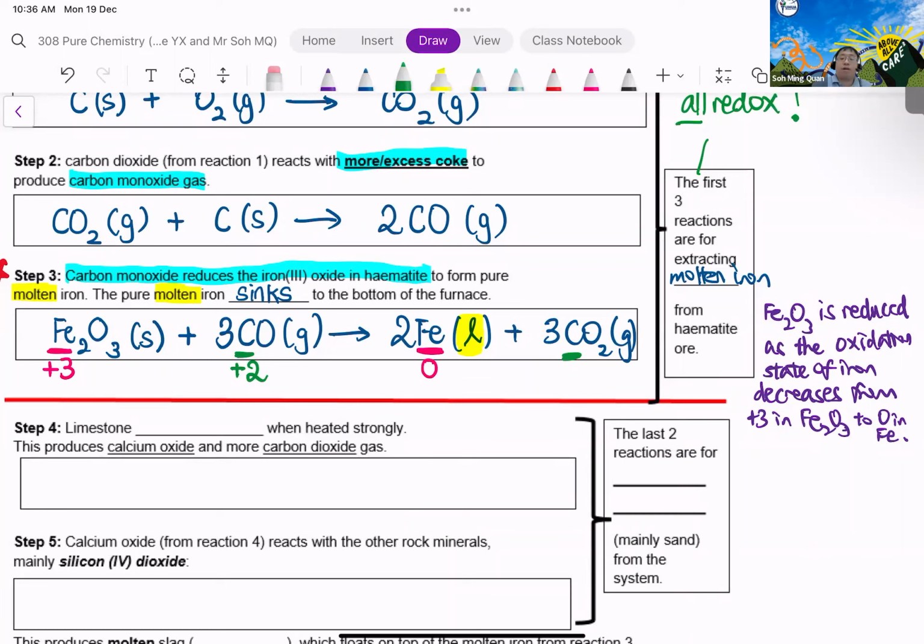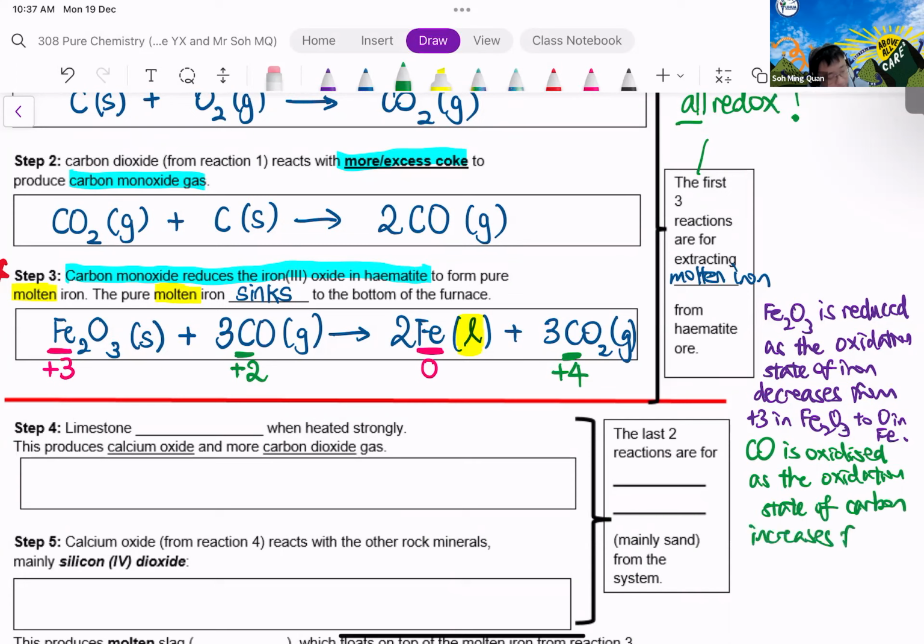At the start, carbon is +2, it goes to +4 in CO2. So we can conclude that carbon monoxide is oxidized as the oxidation state of carbon increases from +2 in CO to +4 in CO2.